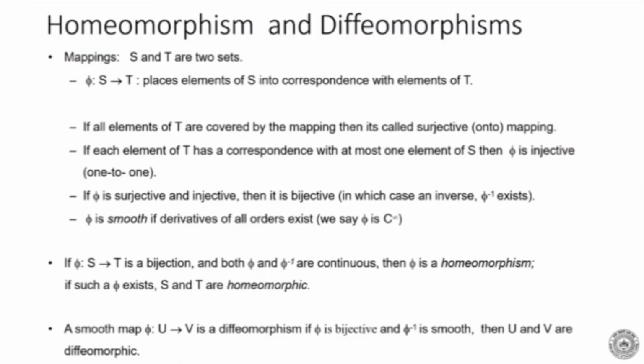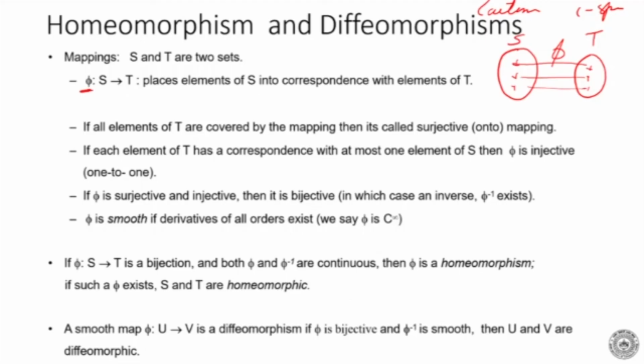Now, we have to look further into this in terms of mapping. Let us say we have two spaces, S and T. We can talk about them as Cartesian space and C space. There is a mapping phi which takes elements of S to elements of T. So this mapping phi places elements of S into correspondence with elements of T. S and T are two different sets.